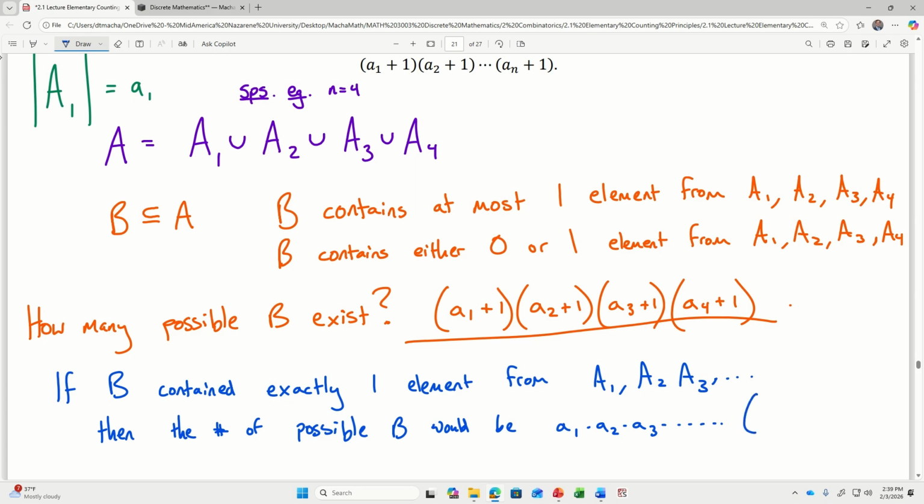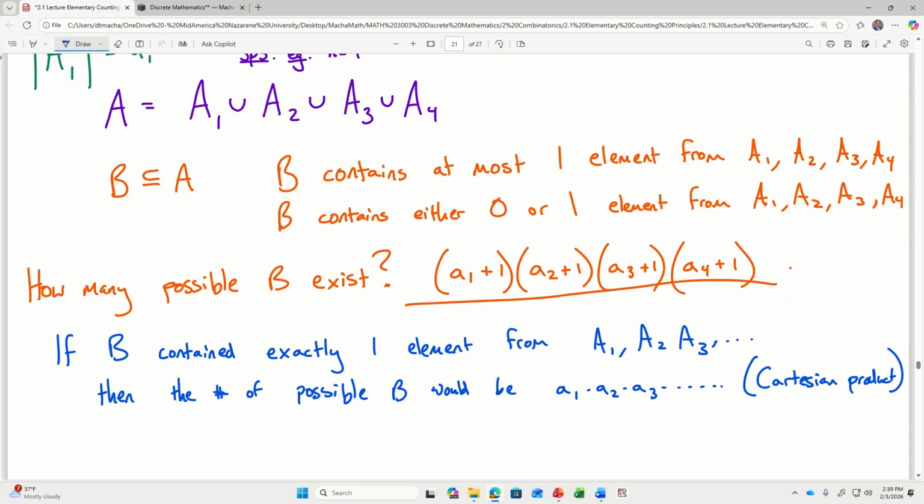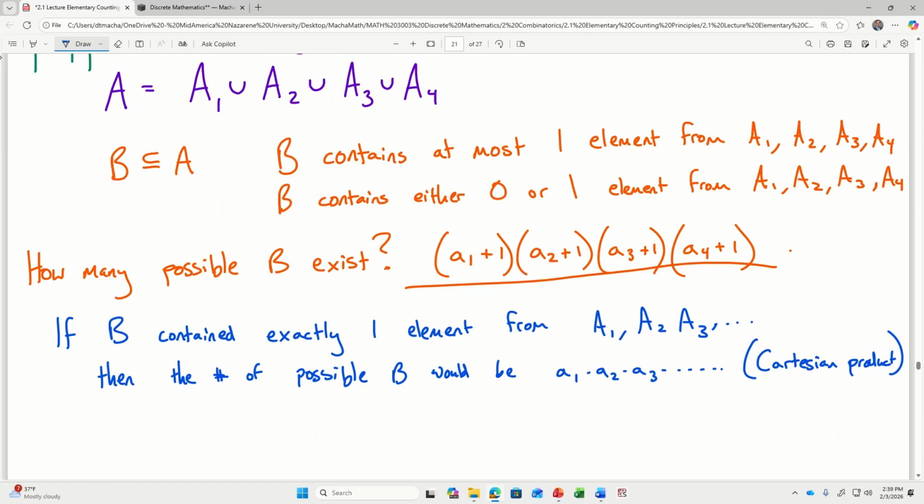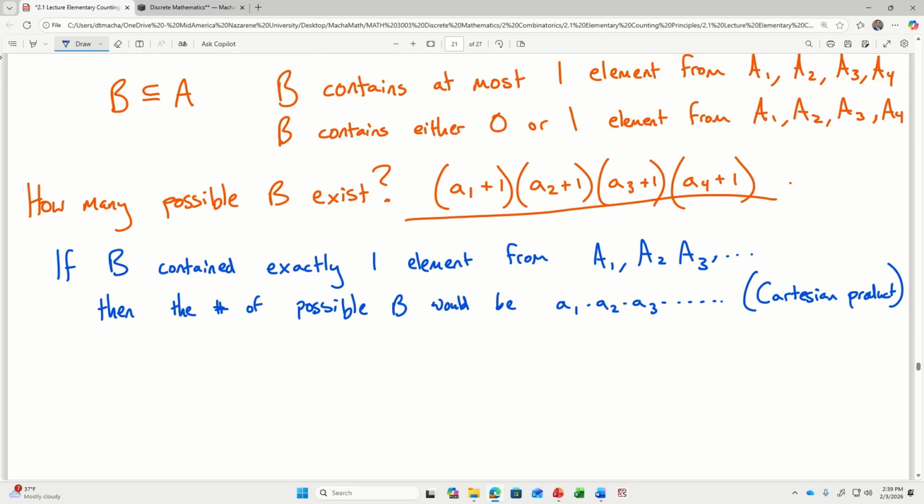And this is because of the Cartesian product, right? In other words, the set B is an ordered tuple where I'm selecting the elements from disjoint sets.